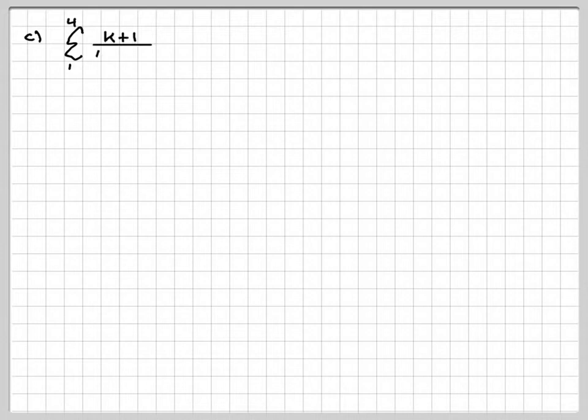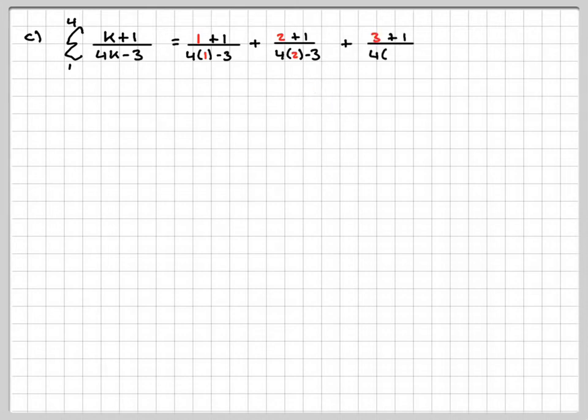Next one is a fraction. So putting the numbers in, we get 1 plus 1 over 4 times 1 minus 3, plus 2 plus 1 over 4 times 2 minus 3, plus 3 plus 1 over 4 times 3 minus 3, plus 4 plus 1 over 4 times 4 minus 3.